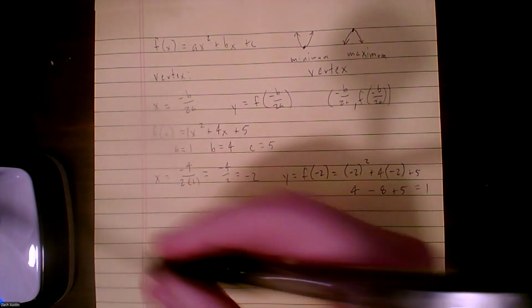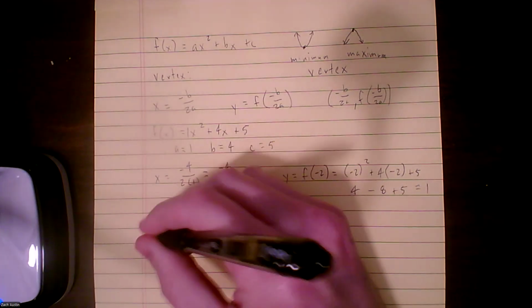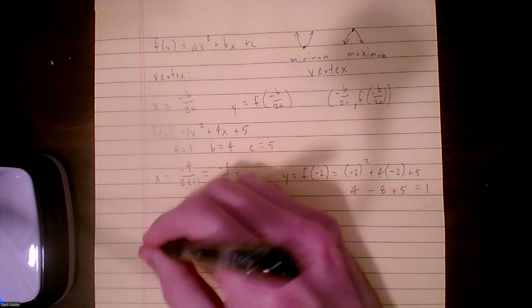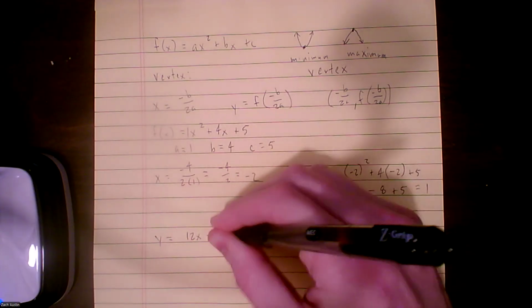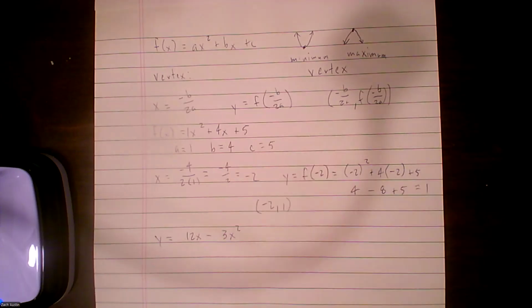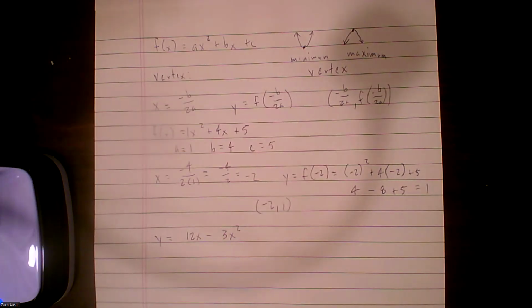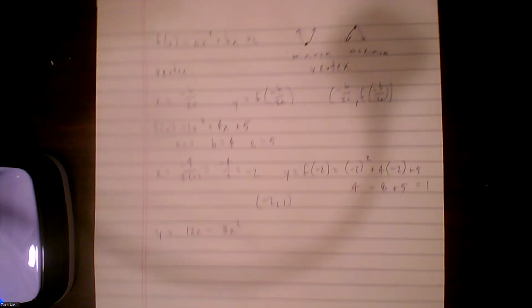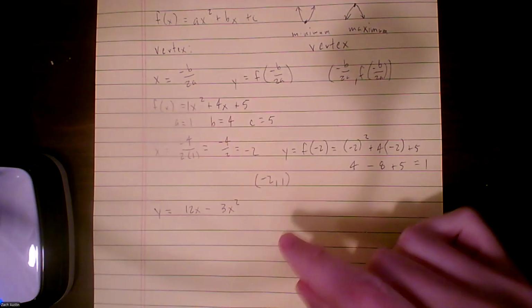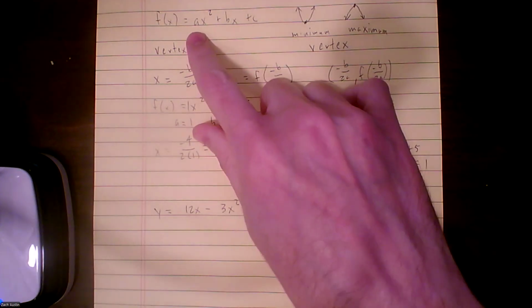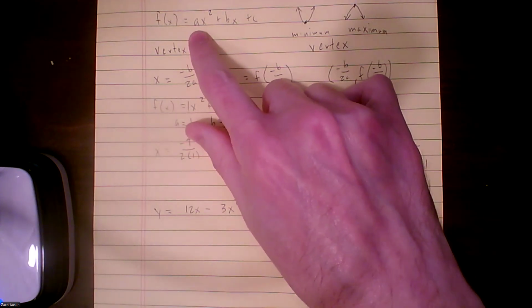Okay, let's do one more. So let's say we have something like this. Okay, so this is a good example to show that it's not the order that is important in how we write this, right? It's what kind of term this number is in front of. And our a is written first here, but it doesn't matter if it's written first.